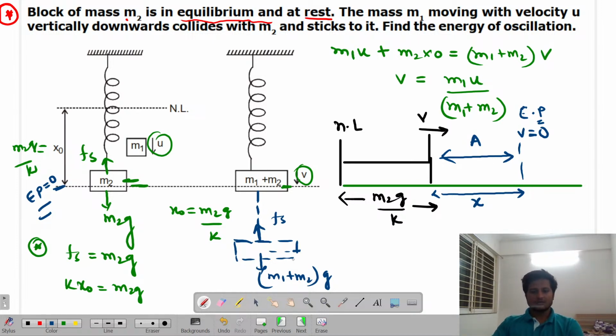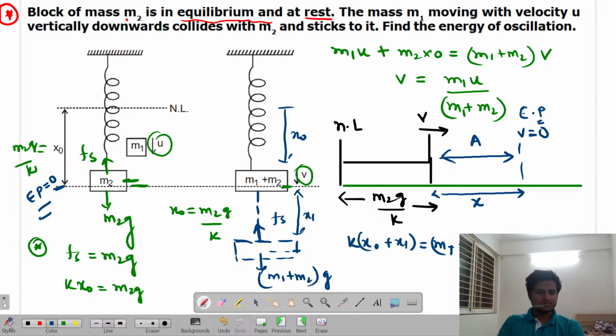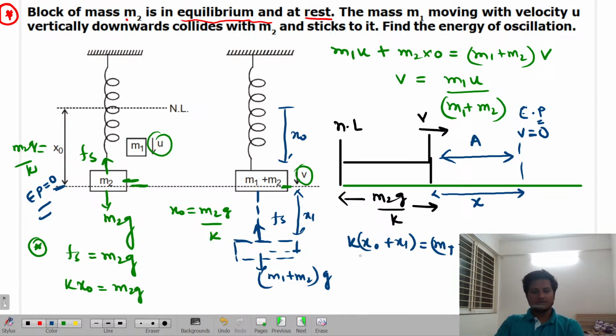ठीक, तो ध्यान से, what will be my spring force now? Original was x naught, now consider this to be x1, so k into x naught plus x1 must be equal to m1 plus m2 into gravity g. Is that clear? Now what is kx naught? m2g.